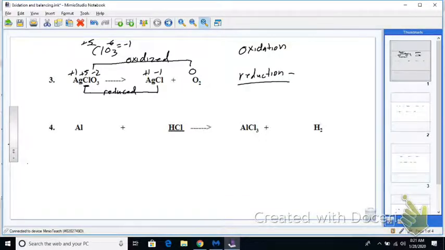Reduction means gains electrons, and oxidation means it loses electrons. So oxidation loses electrons, and reduction means gains electrons. This is called a redox reaction.